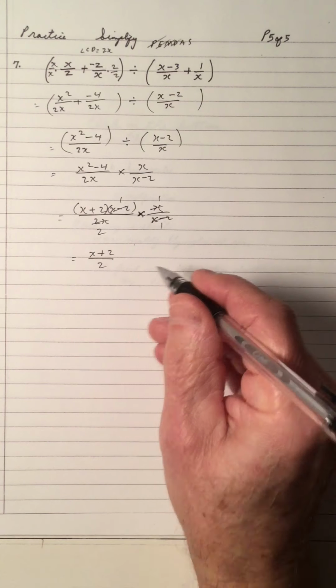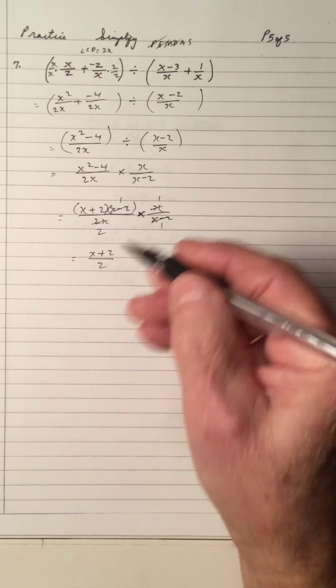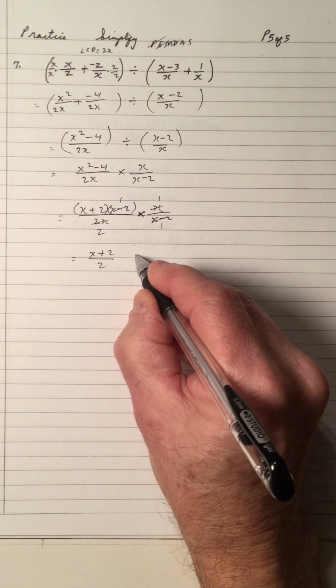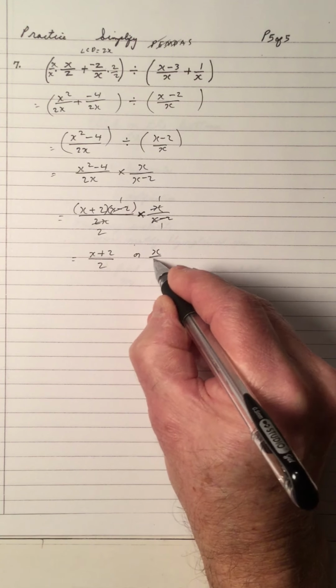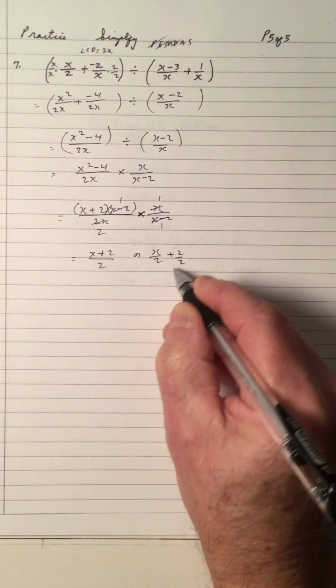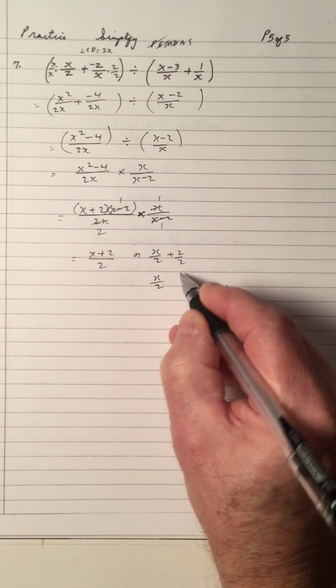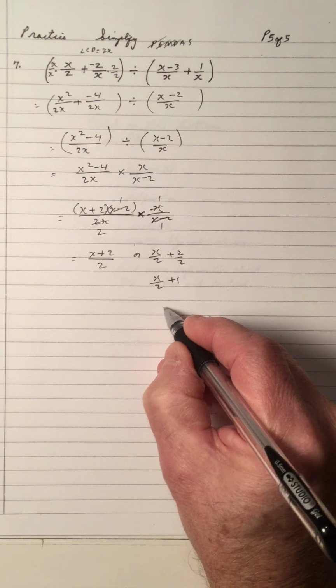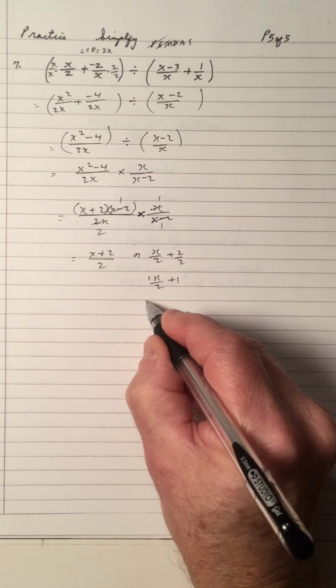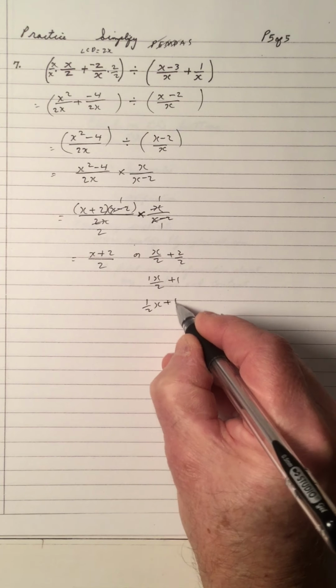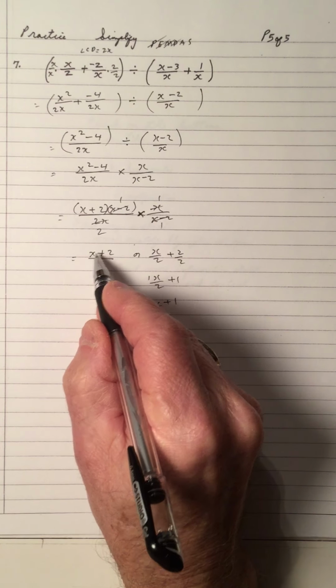Now you can't cancel, but you could, again, divide 2 into both of them, like this. But that will give you x over 2 plus 1, or you can just choose different options. So if you left your answer like that, you could.